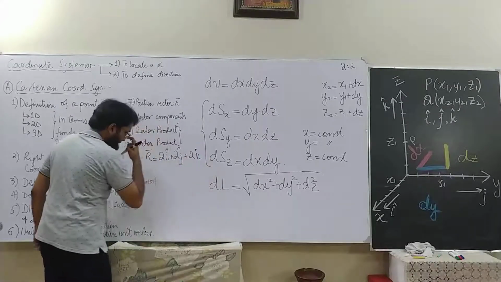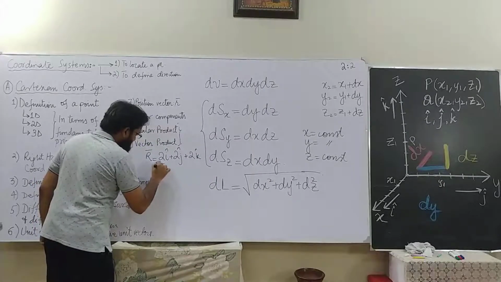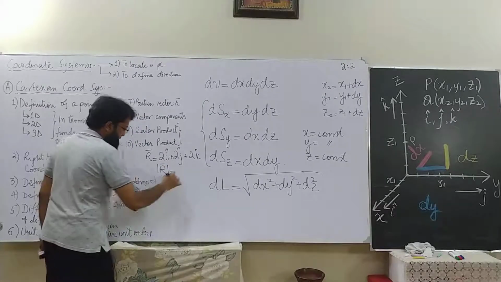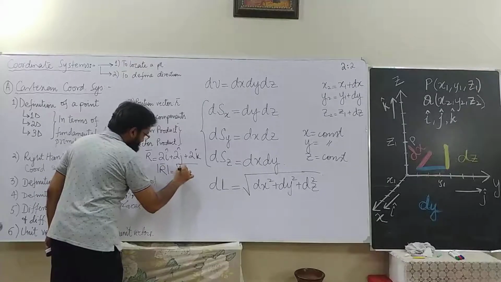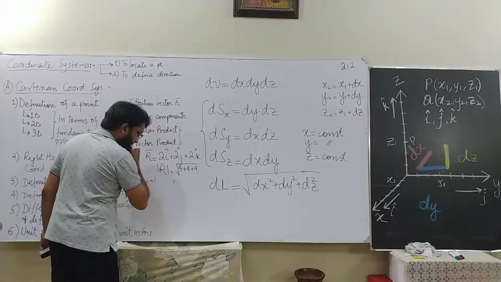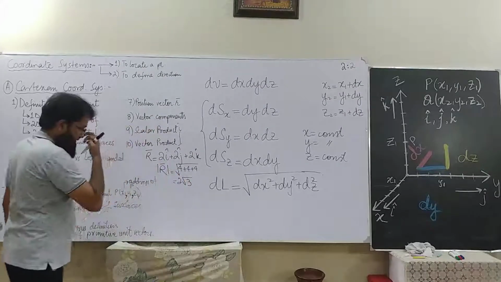In order to find a unit vector in this direction, you all know we have to find its magnitude. So 2 squared is 4, 2 squared is 4, 2 squared is 4. So what we have got is 2 under root 3, is it?